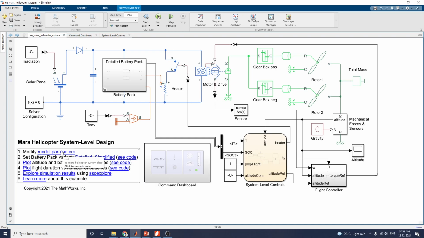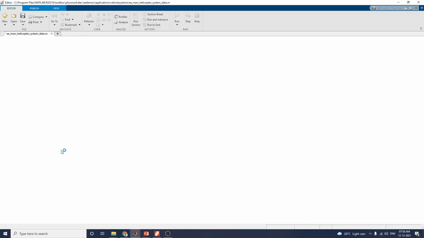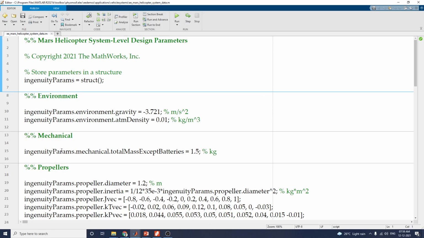For example, you can also modify the model parameters by using this script file. You can store the parameters in a structure. This Ingenuity parameters function is used to structure this Mars helicopter system level parameters.